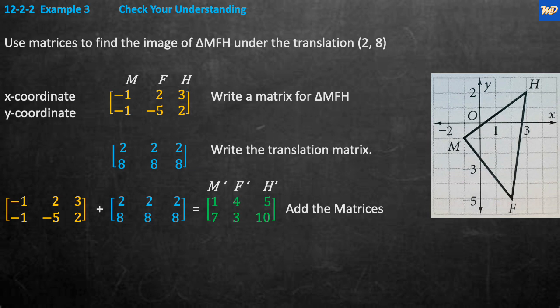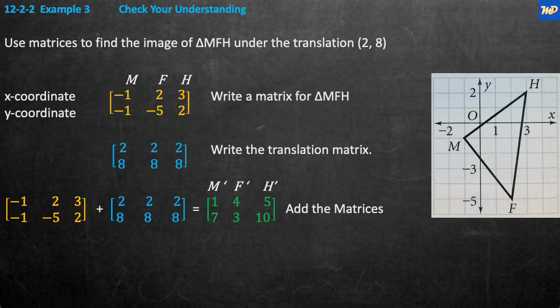Based on the previous graph, we had the x coordinates of negative 1, 2, 3, and the y values of negative 1, negative 5, and 2 for MFH. That's right from the picture. Then we created the translation matrix, this little 3 column, 2 row matrix.